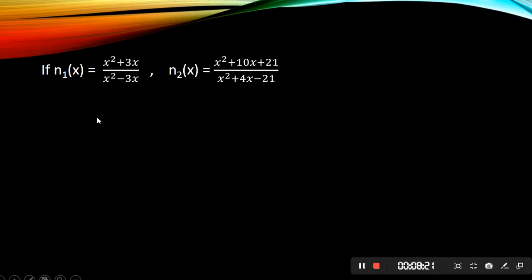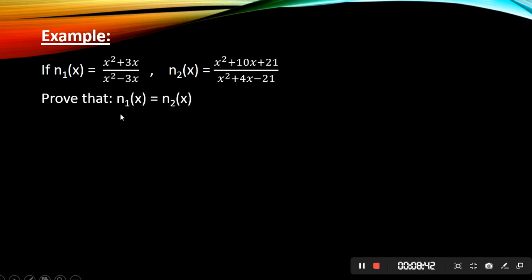Example. If n1(x) = (x^2 + 3x)/(x^2 - 3x), and n2(x) = (x^2 + 10x + 21)/(x^2 + 4x - 21).